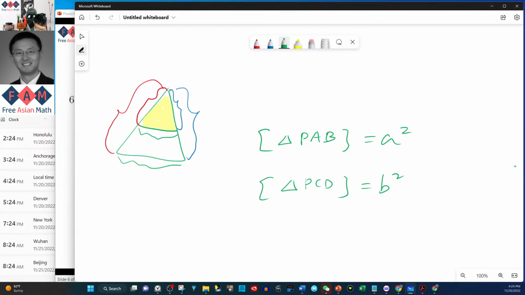For example, everybody knows the incenter or circumcenter of a triangle. The incenter is where the three angle bisectors meet at a point. Similarly, you will have the incenter of the big triangle.